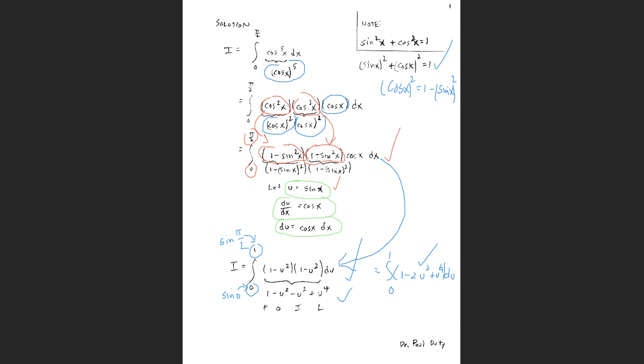Well, if everybody's good, then let's just proceed on with the problem and find the antiderivative of 1 minus 2u squared plus u to the 4th. So we're continuing here. Here's the antiderivative.